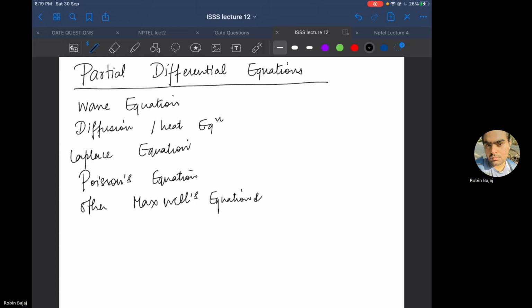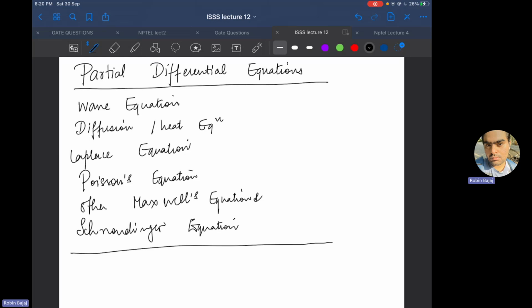All of them involve partial derivatives, even the Schrödinger equation. So what I'm trying to say is all these equations are partial differential equations.